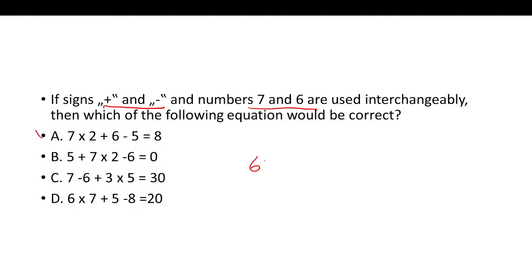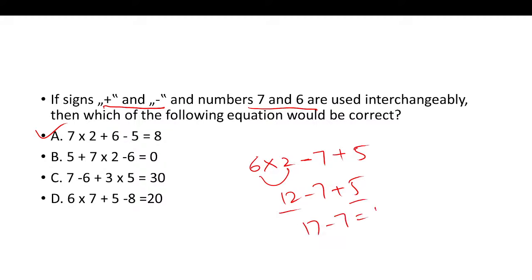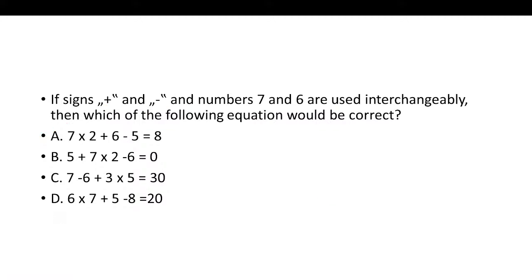First option is 7 plus 6 into 2 and so on: plus is interchanged as minus, 6 is interchanged as 7, minus is interchanged as plus, and finally 5. Apply BODMAS: 12 minus 7 plus 5. 12 plus 5 is nothing but 17. 17 minus 7 is nothing but 10, but they are giving you 8. Option 1 is wrong.